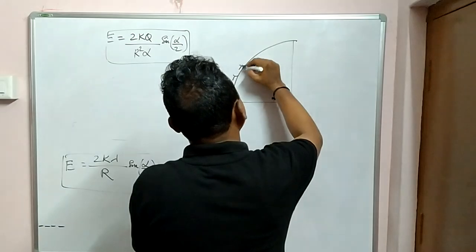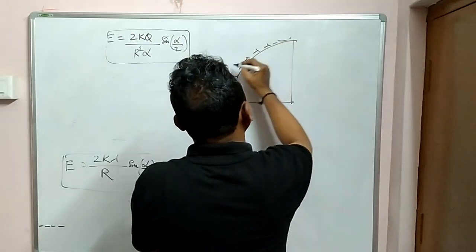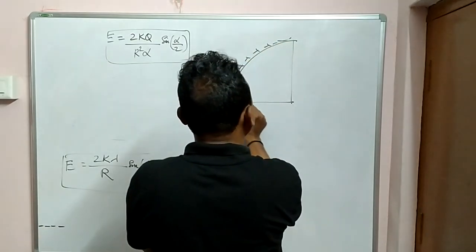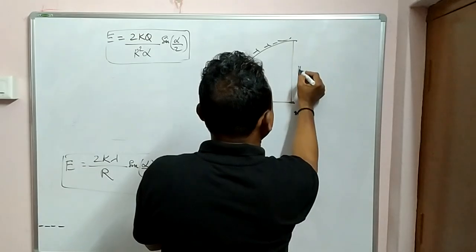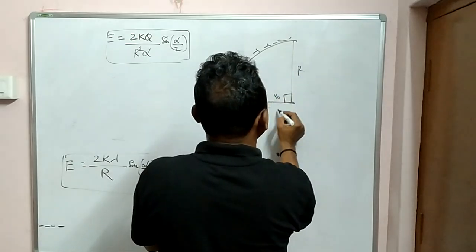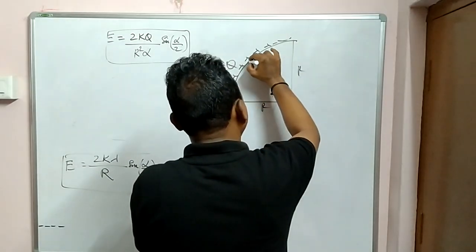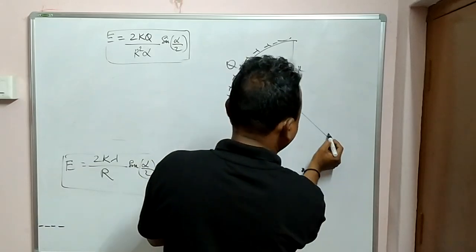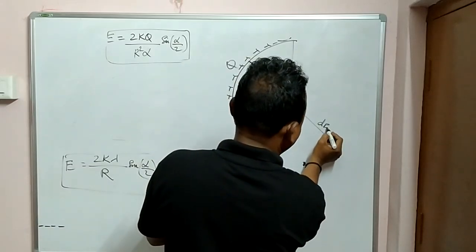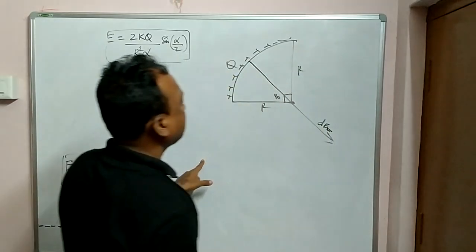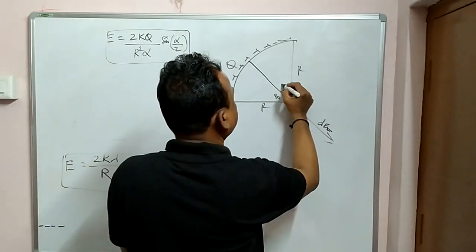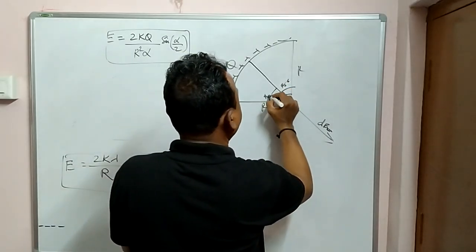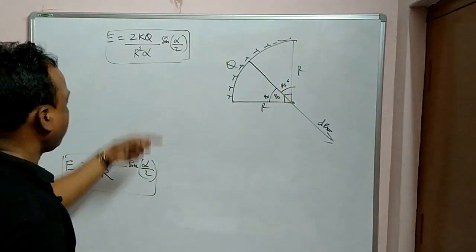Positive charge, angle 90 degrees. The resultant will be in this direction, E net, at 45 degrees. So here also apply the same formula.